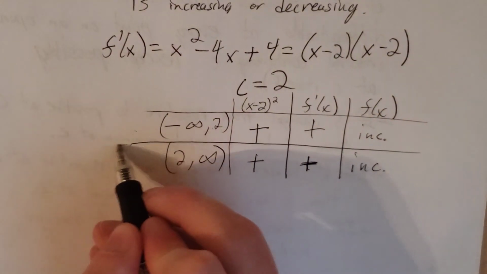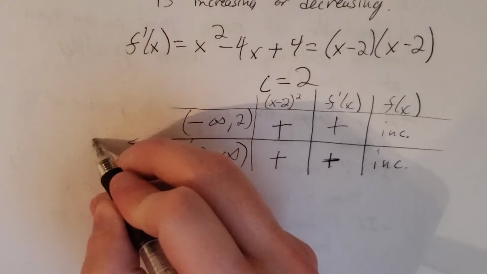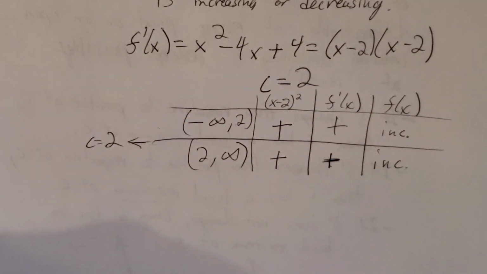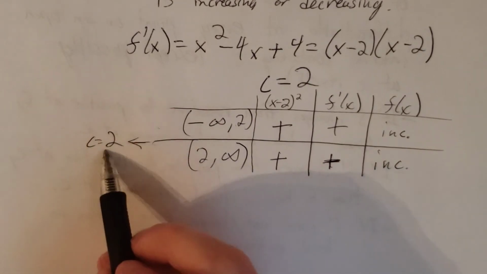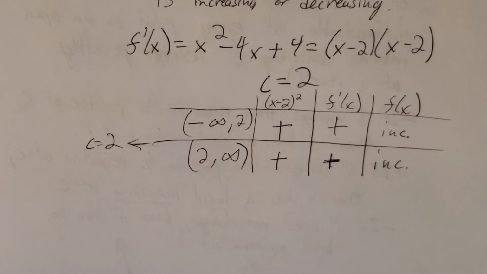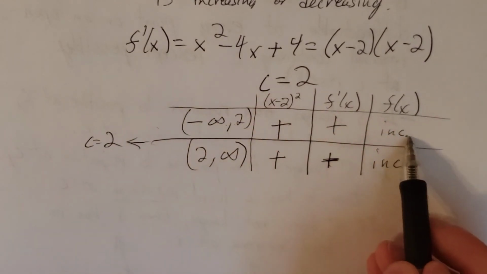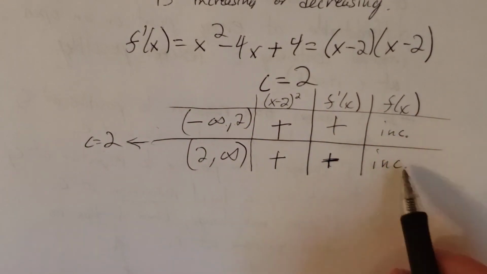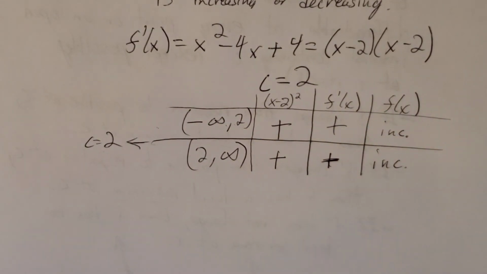Now, this value right here is representative of our critical value c equals 2. So we want to know, is that point a local maximum, a local minimum, or is it neither? Well, to the left of this point, we are increasing. To the right of that point, we are increasing.